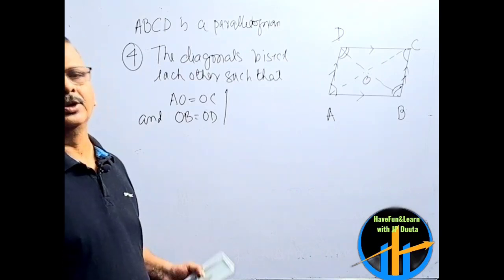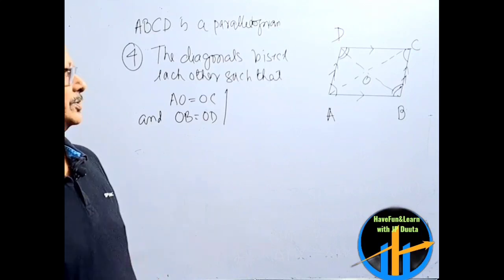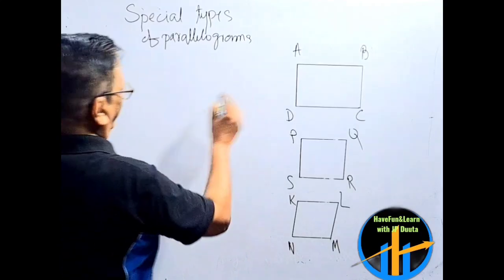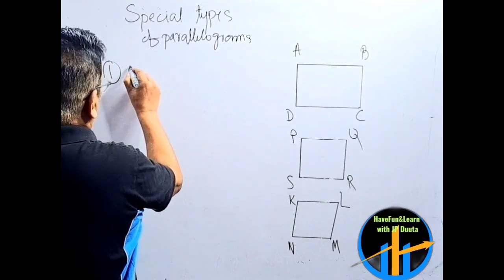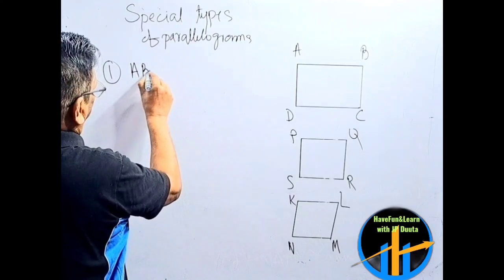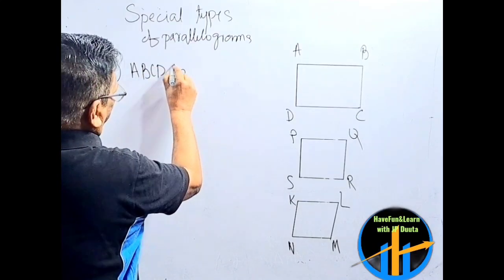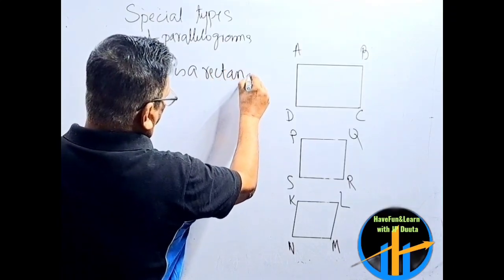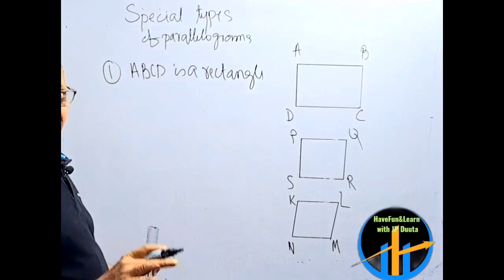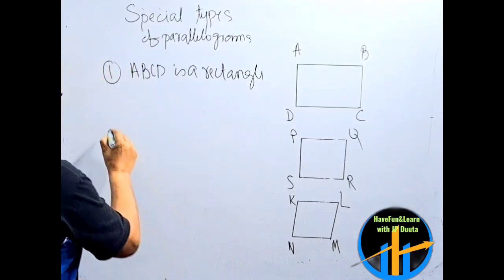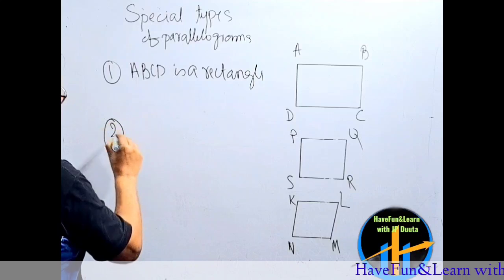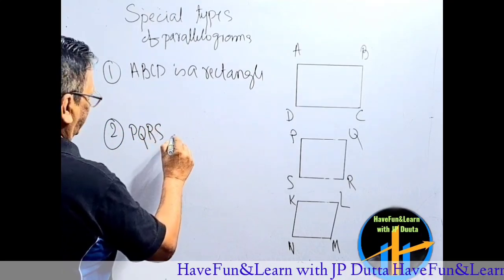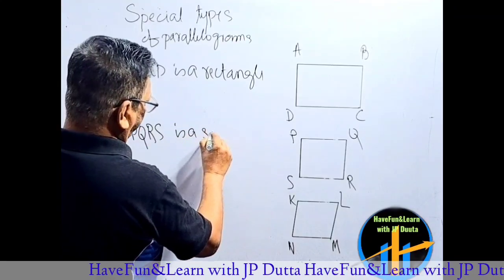Now we look into special types of parallelograms. The 3 special types of parallelograms that we have are number 1, ABCD is a rectangle. We'll discuss the properties separately. Number 2, PQRS is a square.